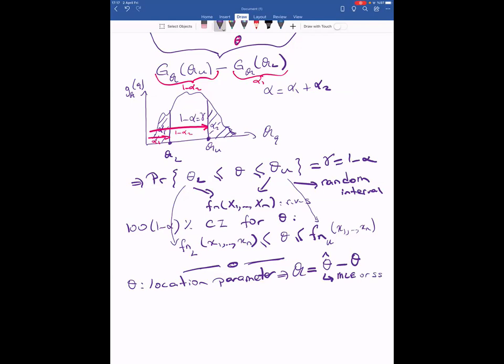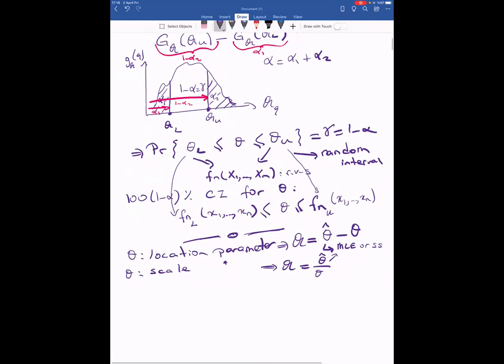And if you have a scale parameter, then our pivotal quantity will be theta hat over theta. Again, this theta hat has to have a good property, so that our estimator represents the whole parameter well, actually.